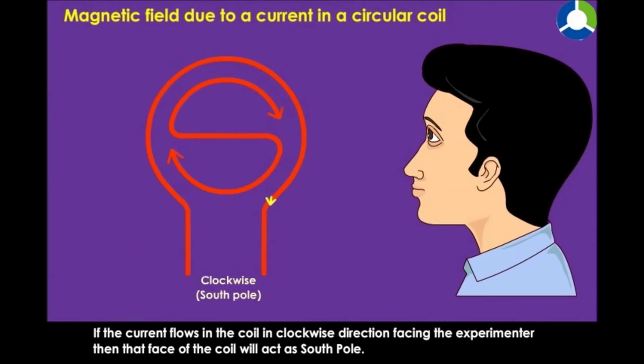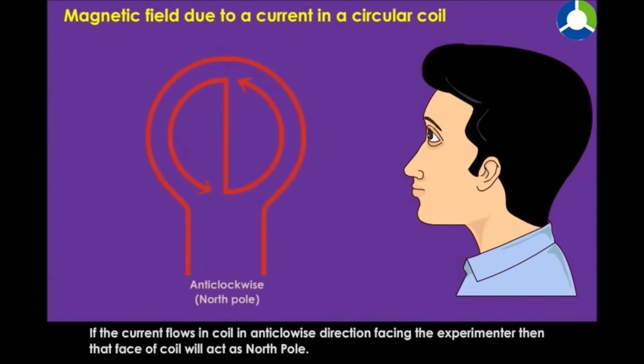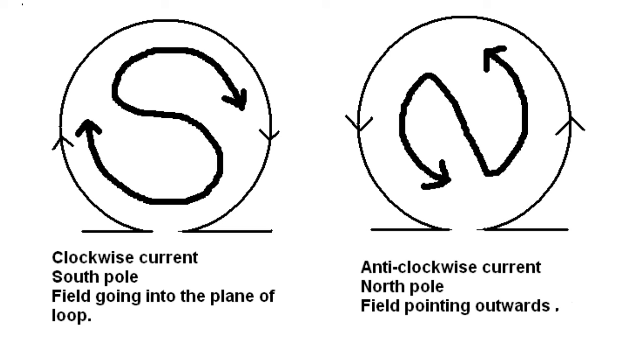You can see here when the current is flowing in clockwise direction in the coil, the front face of the coil will act as south pole, and when the current is flowing in the coil in anti-clockwise direction, the front face of the coil will act as north pole. This can all be explained by the right hand thumb rule, curling the fingers in the direction of current. So here in this picture, you can see the magnetic polarity of a current carrying circular coil.